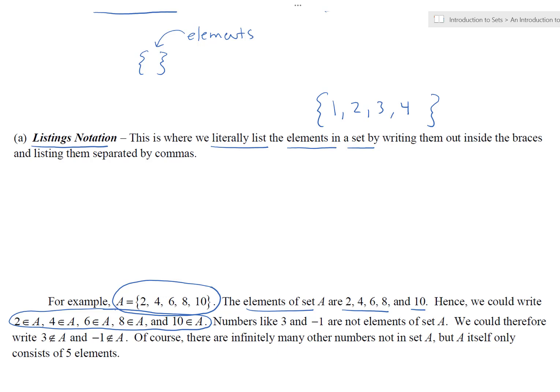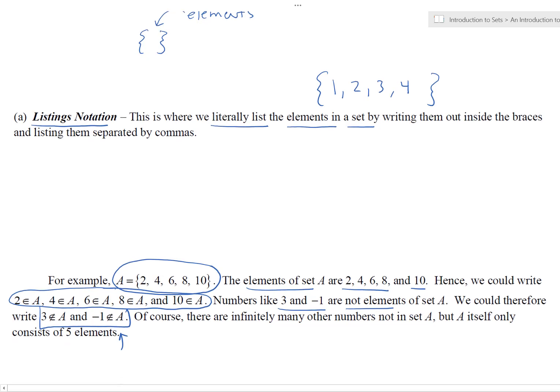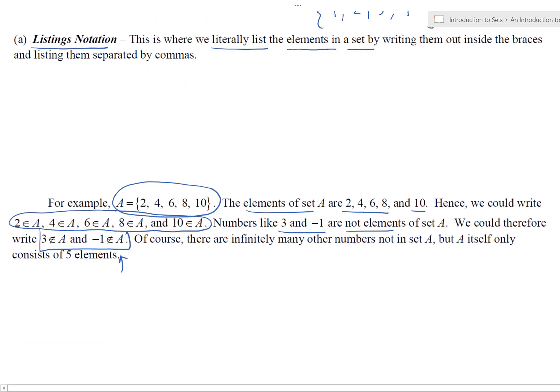So that's it. Those are the only 5 numbers in the set. Numbers like 3 and -1 are not elements of the set. So you could say things like down here, 3 is not in the set A, -1 is not an element of A. So there's 5 elements in the set. So that's a way to use listing notation. Again, just list out what's in the set. But, you know, think of situations where you may have too many things to list out and it may not be efficient to list the elements in the set.